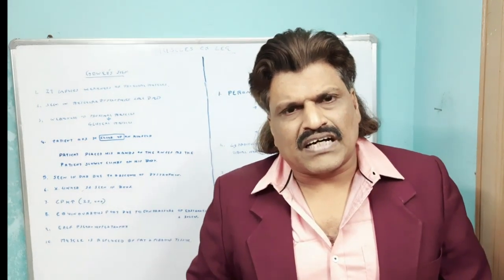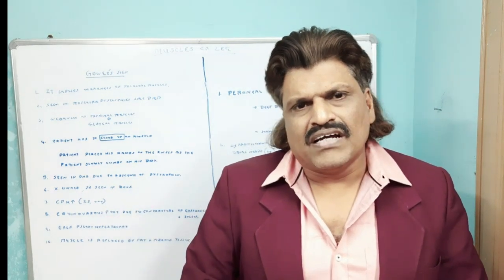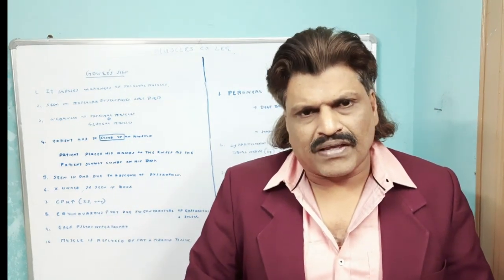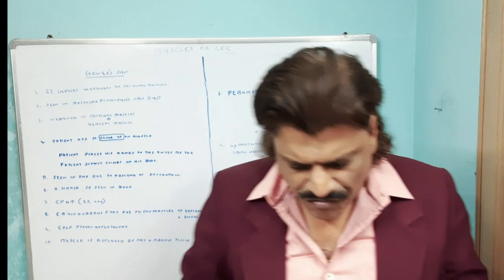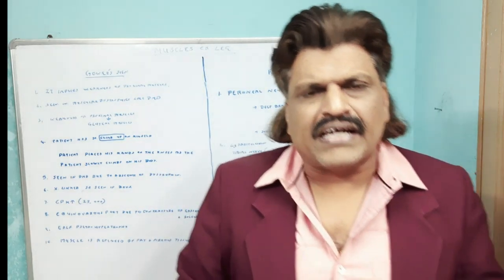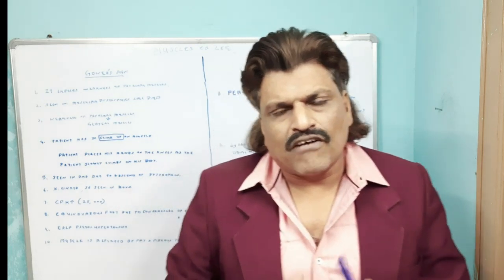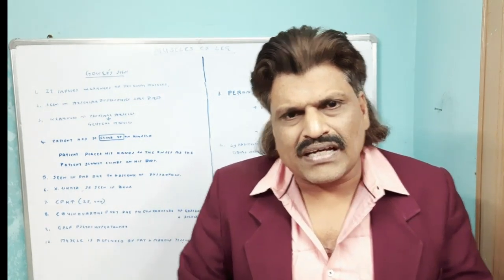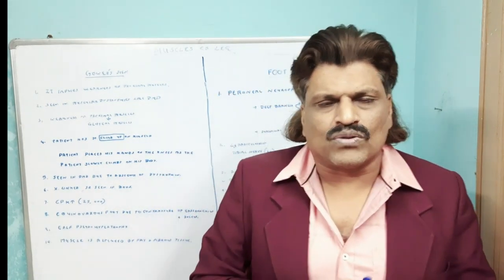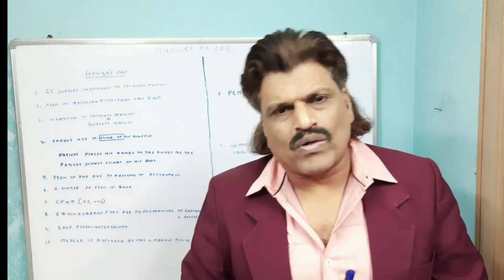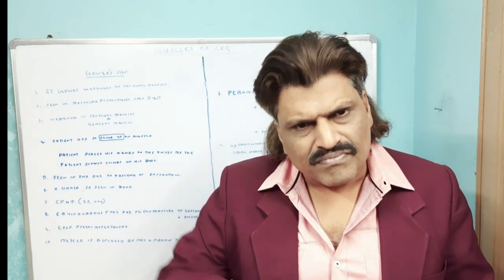So dorsiflexor weakness suggests L5 root involvement. If the plantar flexors are weak, then they cannot walk on the toes. It suggests S1 involvement.